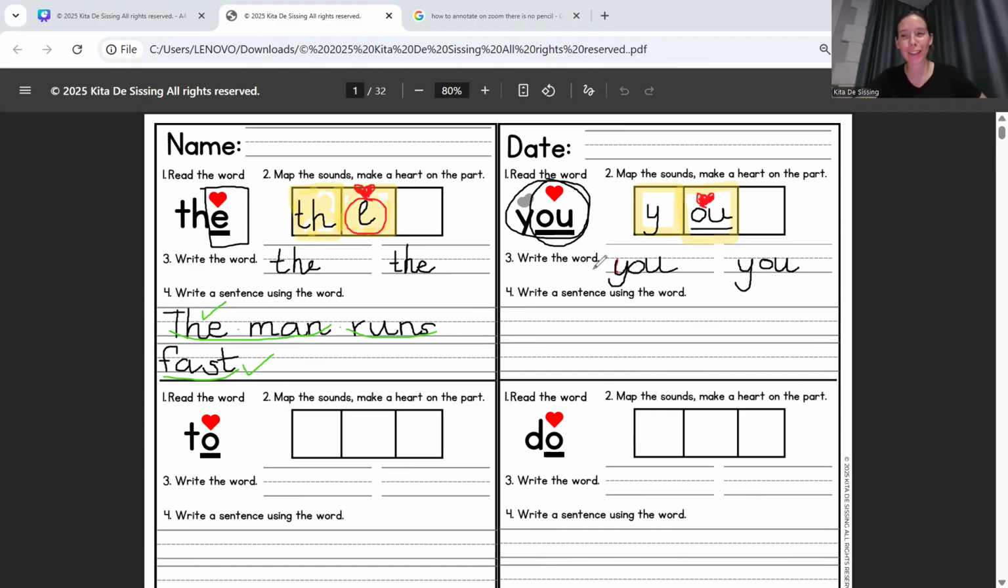Well, I've already practiced you. So let's go. You are so smart. Smart.